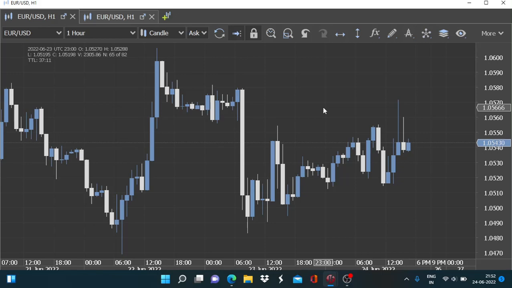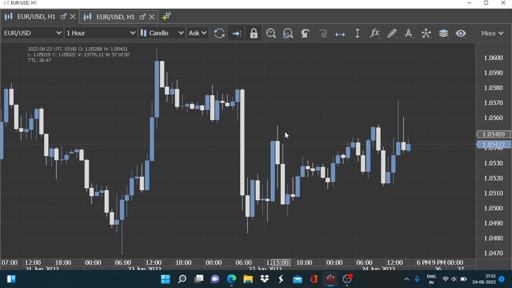So, in coming sessions, I will be making you familiar with the various indicator options provided on the JForex platform. This is an introductory session, and if you feel like it, you can present your demands, and if there is a requirement, I will do the session on that particular indicator.